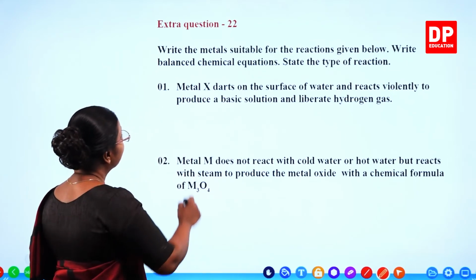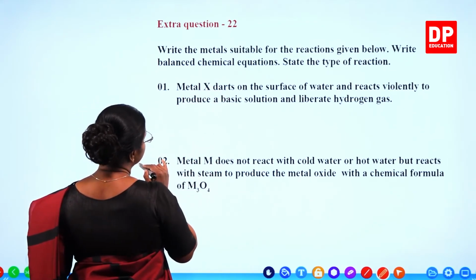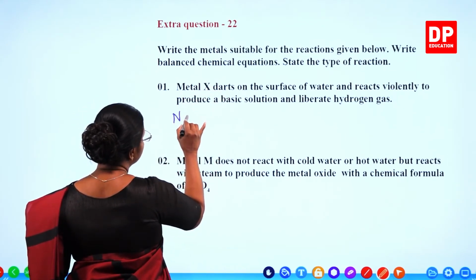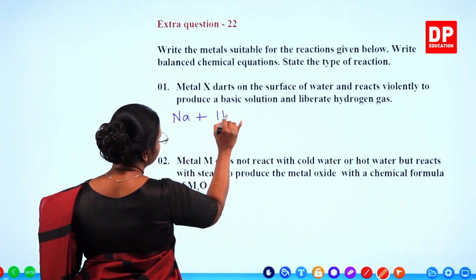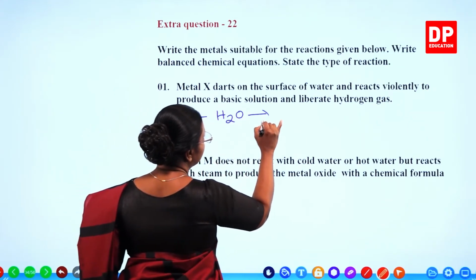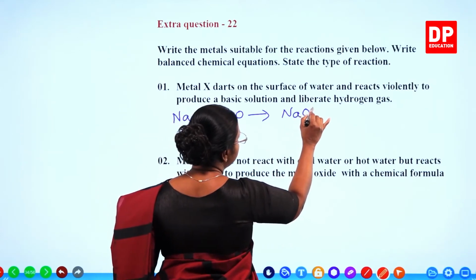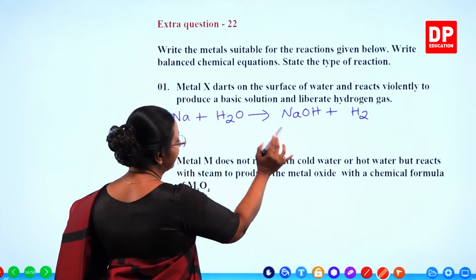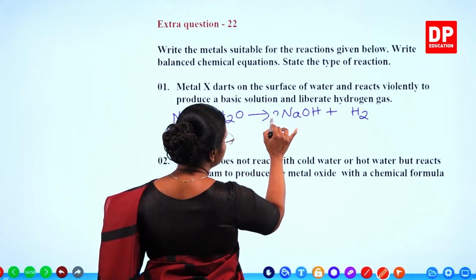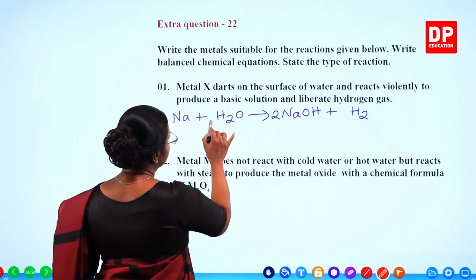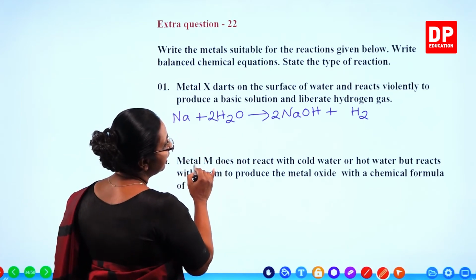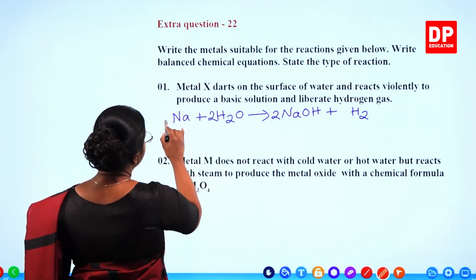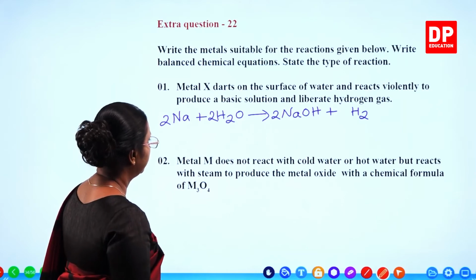So since we have identified sodium as X, we will write the equation: sodium plus water will give rise to NaOH plus H2. To balance, now you are familiar with the reaction, we need to have 2 here and 2 there, and also we will need to have 2 there.